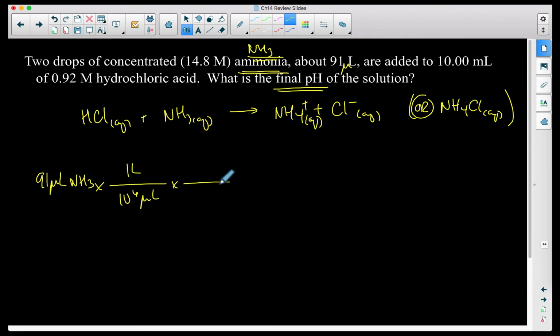And I know that for every 14.8 moles, I have 1 liter of NH3. And then let's go ahead and go to a product. So for 1 mole of NH3, let's say 1 mole of NH4+. And that's going to be the work we need to do to come up with how much NH4+ we can make from there. So we'd have 91.